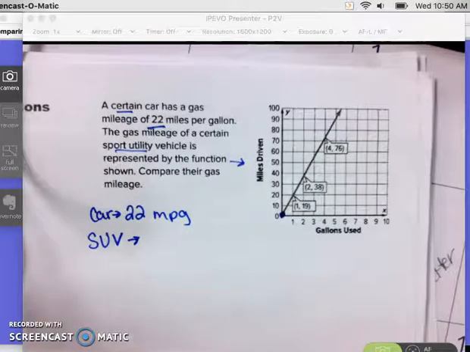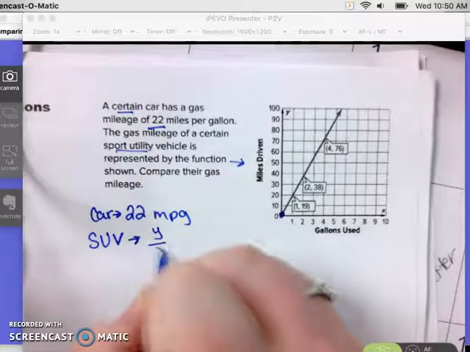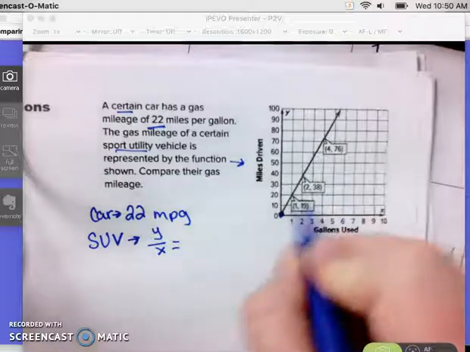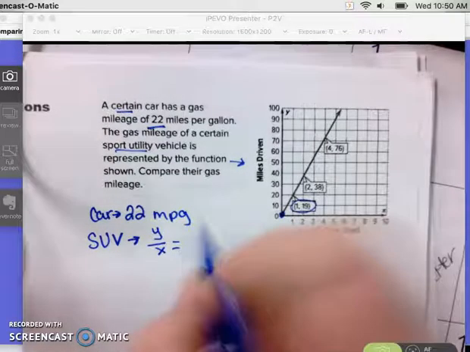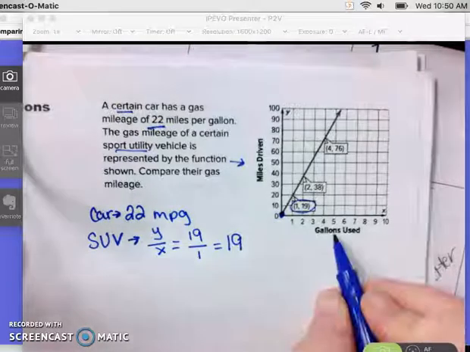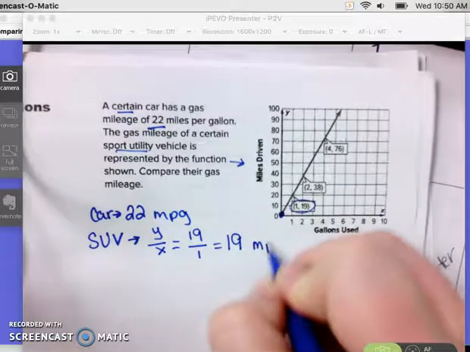So if it goes through the origin at 0, 0, you can find the slope by doing y divided by x. So any y divided by any x. Well, I'm going to pick my easiest one of 19 divided by 1, which is 19 miles per gallon.